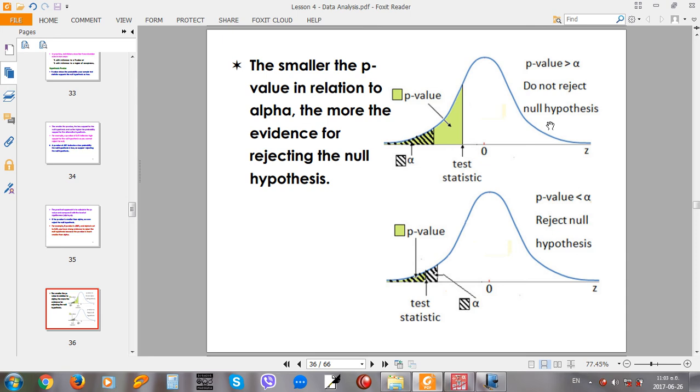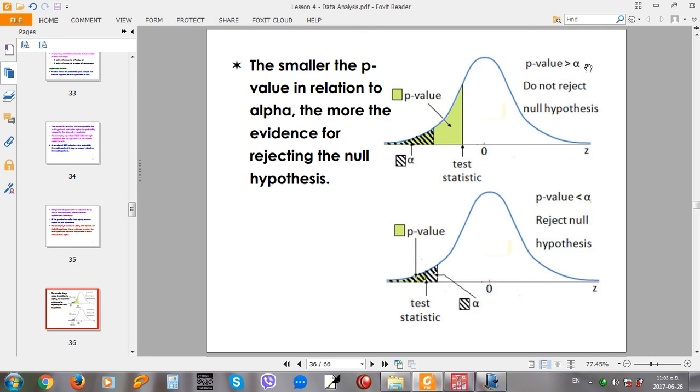You can do that mechanically, but more marks are carried in your examination for the interpretation part. So you have to interpret your findings clearly. For that you need those decision rules. So keep it in your mind.